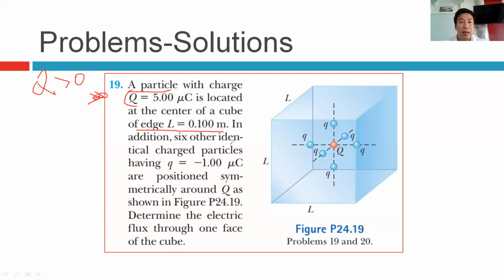In addition, six identical charged particles are present, each with charge negative Q, positioned symmetrically around Q as shown in figure 24.3.19. They ask us to determine the electric flux through one face of the cube.